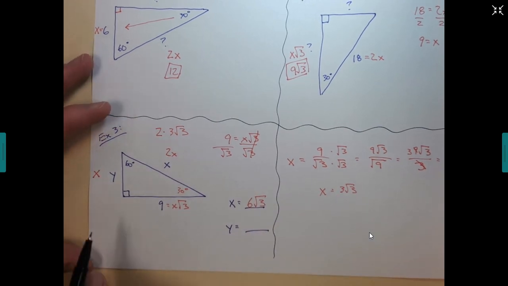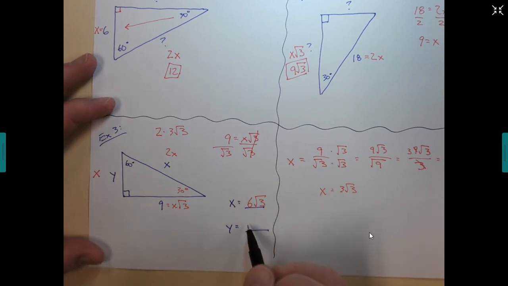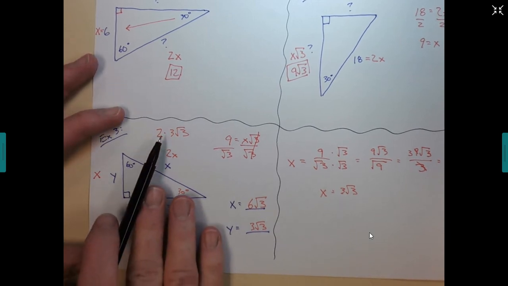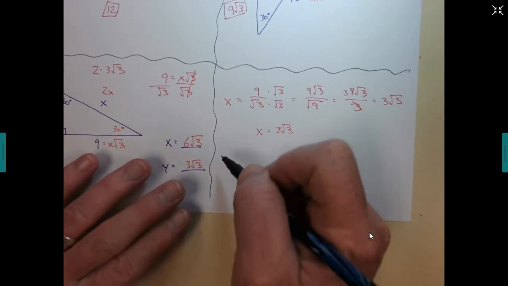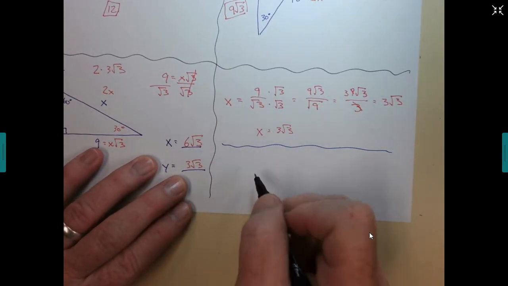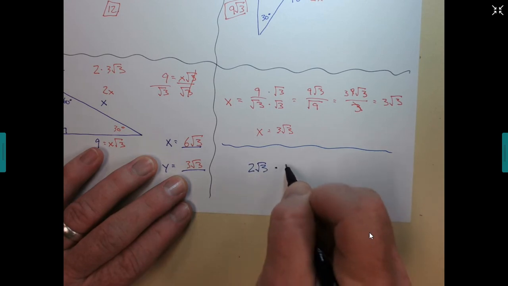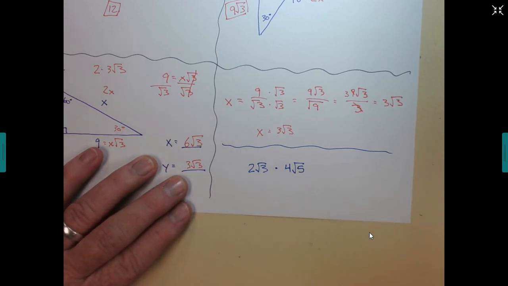All right. And this side, which is y, this one's a little bit easier, is just what 3 square root of 3 is. So make sure, this can be a little bit confusing, all right? Just a quick example just to remind you what you're allowed to do. If I had 2 times the square root of 3 and I multiplied that by 4 square root of 5, make sure you realize what you're allowed to multiply.